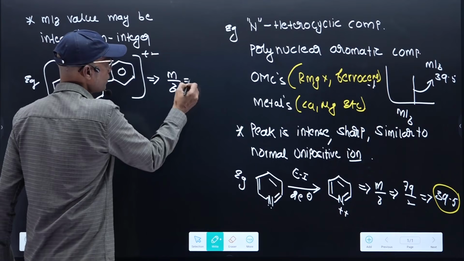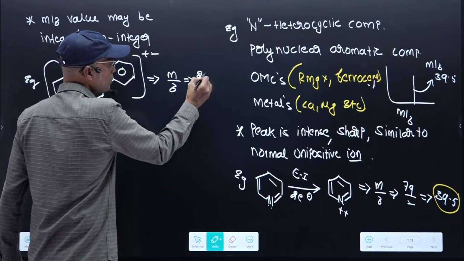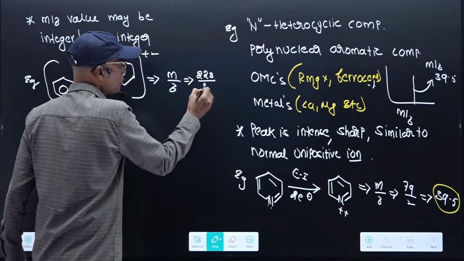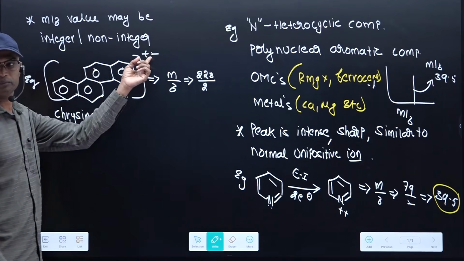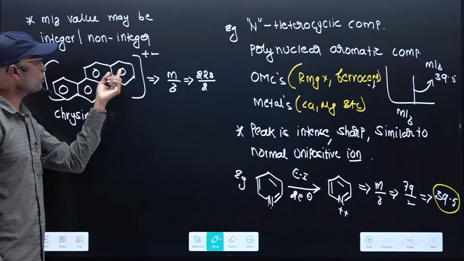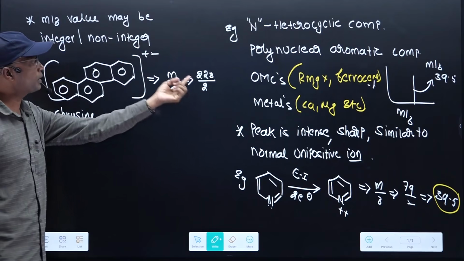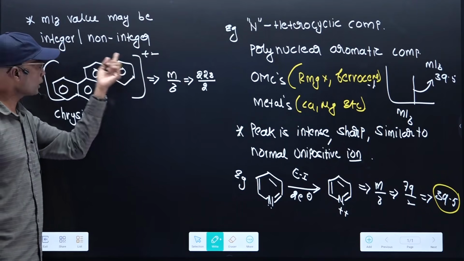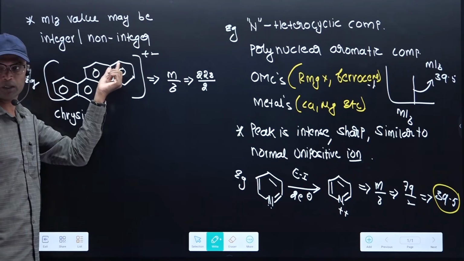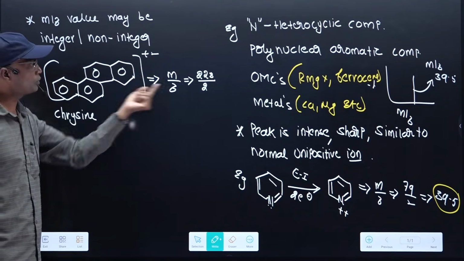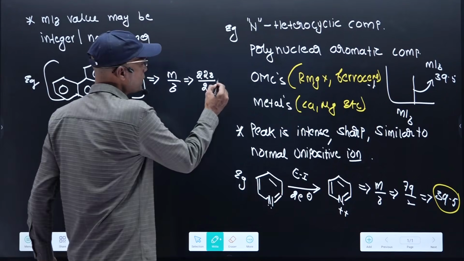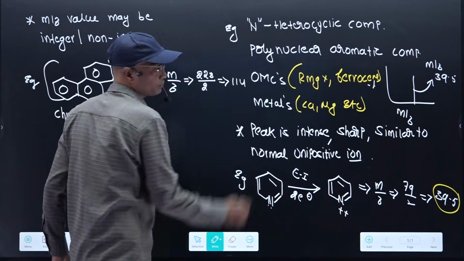See, this is the m/z value for all carbons. It will be 228 divided by how much? That is 2. For polynuclear aromatic molecules, this number will be divided. Then the total mass, every carbon 12, every hydrogen 1, if you count, you will get 228. And finally, the peak appears at 114.